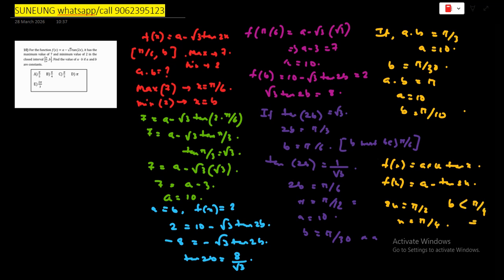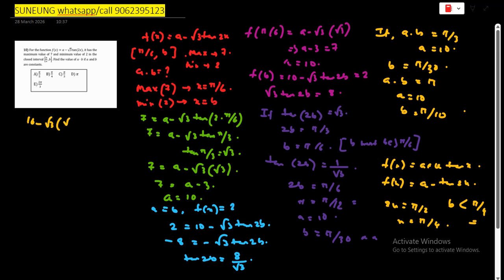So given the strict structure of the Suneung, let's assume the question intended for a clean value. So if the minimum value was 10 minus root 3 into root 3 equal to 7, wait, that's the max, right? Now if the minimum value resulted in tan 2b equal to root 3, then 2b equal to pi by 3, or b will be equal to pi by 6.